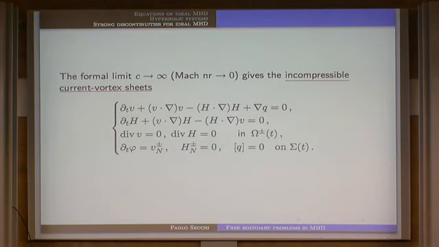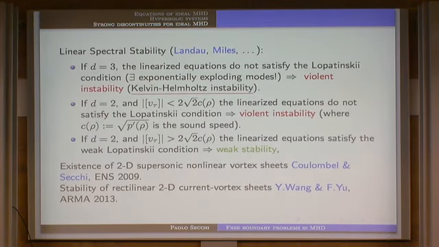Why are the linearized equations stable for large speeds? Is this because the equation changes? Yes, from elliptic to hyperbolic, essentially. This is the reason. It changes type and then it's stable because of that. Yes, in one case you find the elliptic case, you find the growing modes, exponentially growing.